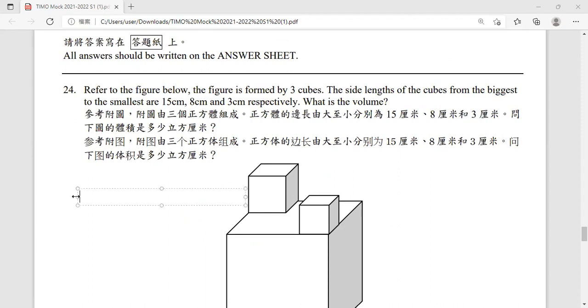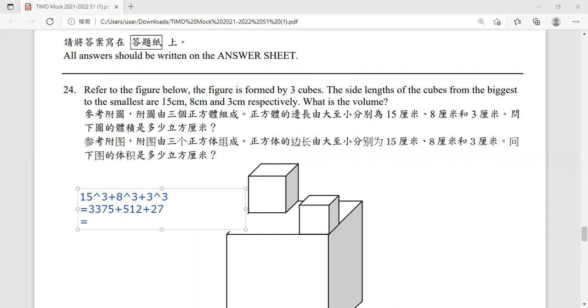Nothing special. It's just this one, volume, because they are all cubes.